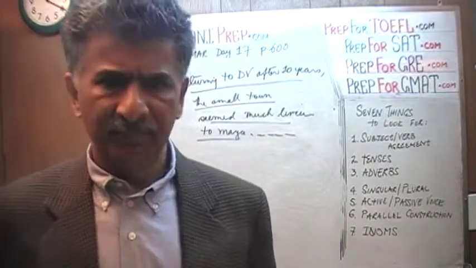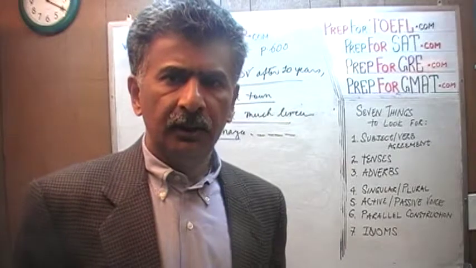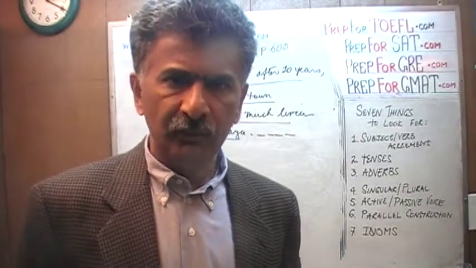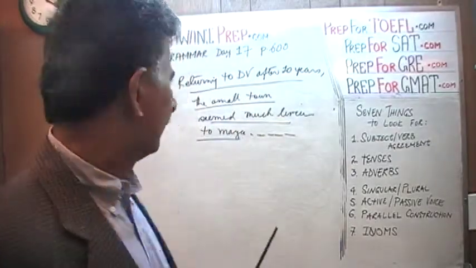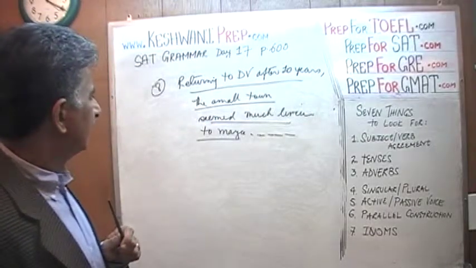We are not interested in that part. The part that we are interested in is the underlined portion, and our job is to see if we can improve this thing. The way it's written is a little bit awkward. Returning to Dayville after 10 years, the small town seemed much livelier to Margot.